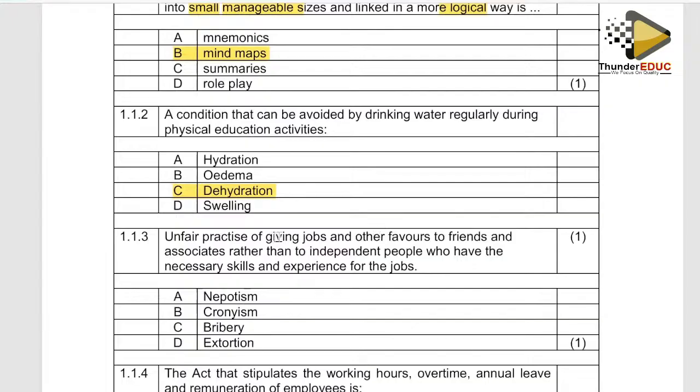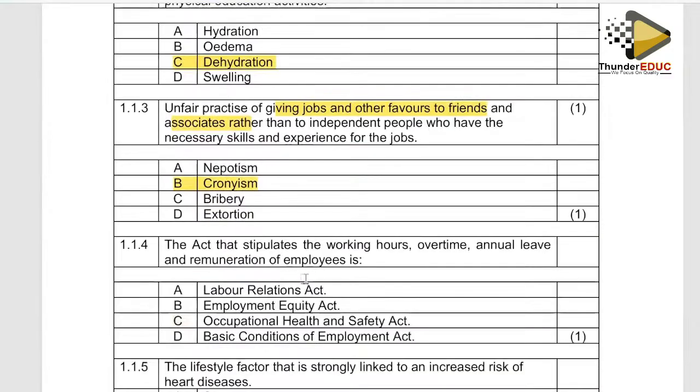The unfair practice of giving jobs and favors to friends and associates at the expense of people who have necessary skills and experience for the job is known as cronyism, simply because friends and associates are known as cronies. This practice is a type of corruption, known as cronyism.